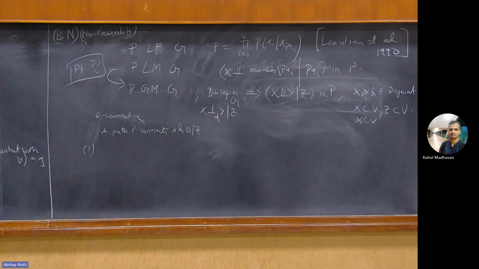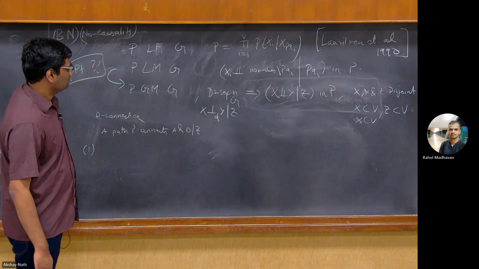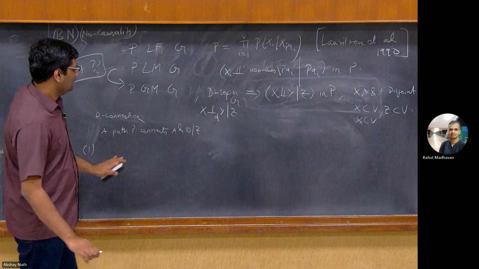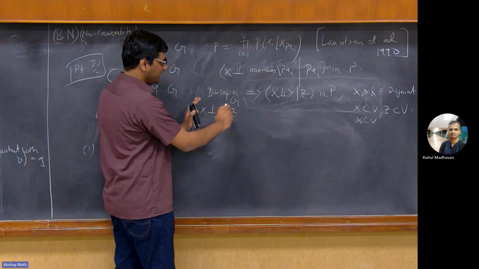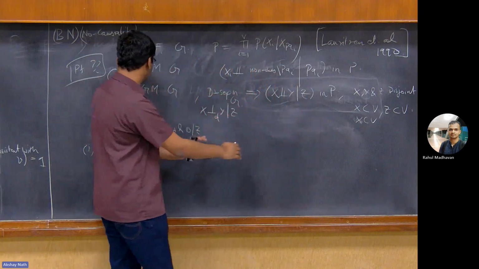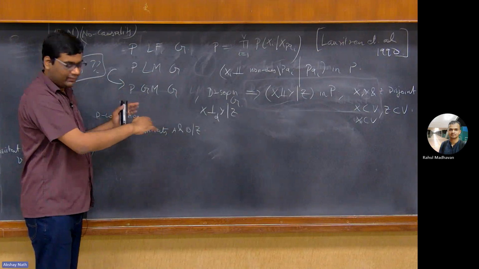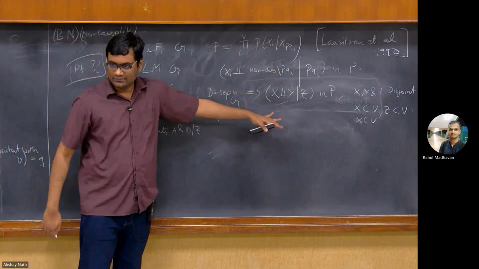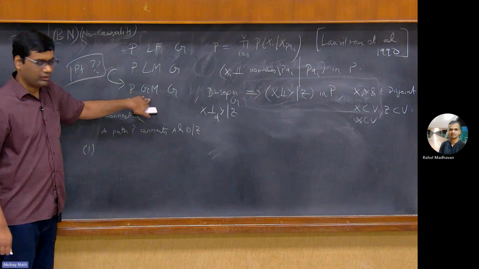The third statement itself looks like a proposition or lemma. If this holds, if for every d-separation statement you have a conditional independence, then P is globally Markov with respect to G. It is a definition of global Markov.